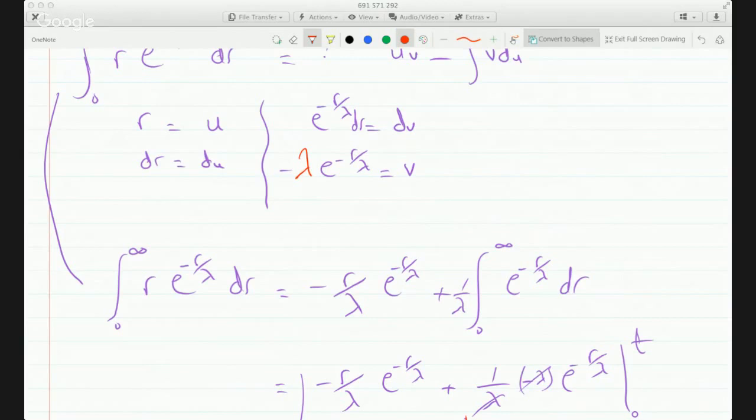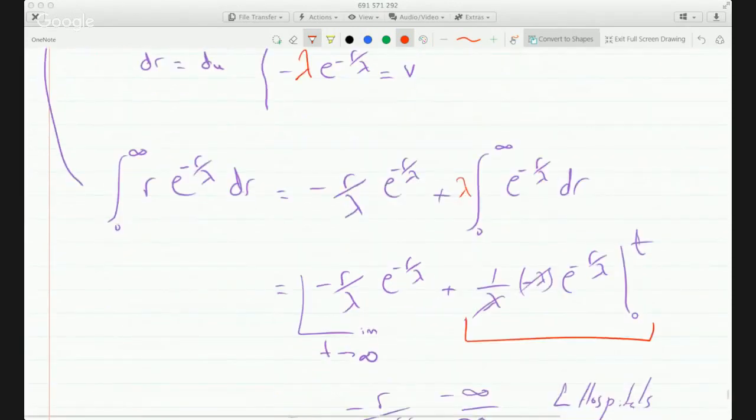Yep, this was the issue. So that fixes this to become plus lambda, which makes this here lambda squared.